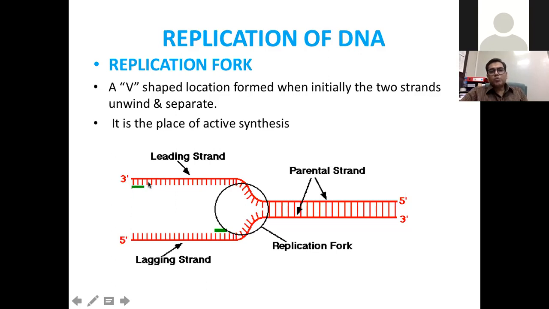So if it is the 3 prime to 5 prime strand, and the new daughter strand has to be synthesized in the direction of the replication fork, it has to be anti-parallel. And if it has to be anti-parallel, where will it start from? What will be the direction of replication then?